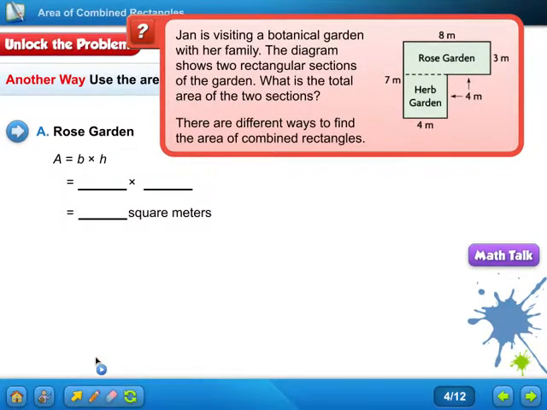So for the base, I'm going to put 8 meters times 3 meters, and I got that 8 from right here, and the 3 from right here, and 8 times 3 is 24 square meters.